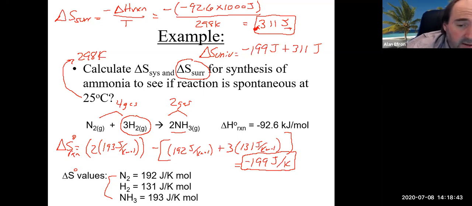But you could do it later, or you could convert this to kilojoules if you wanted to. So we're looking at about 112, and the units are joules here. A reminder that, as we talked about, delta S is typically given in joules, which is also why you might want to convert it to joules instead of kilojoules on the other one.